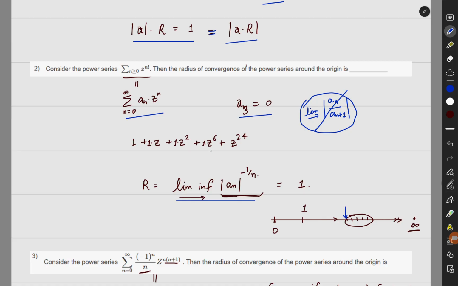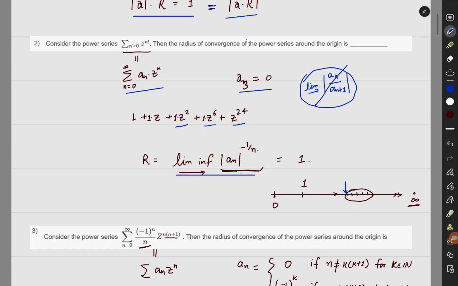So 6 is 3 factorial, 24 is 4 factorial, 2 is 2 factorial. In this way the coefficients are 1, otherwise they are 0. Now we want to calculate the limit of these numbers.